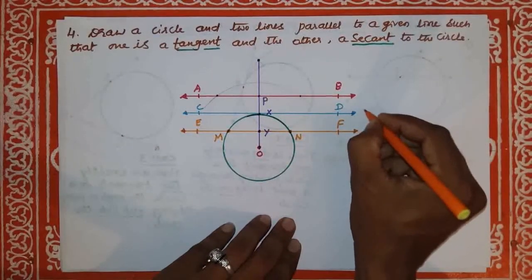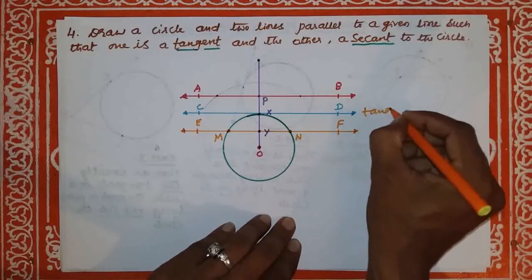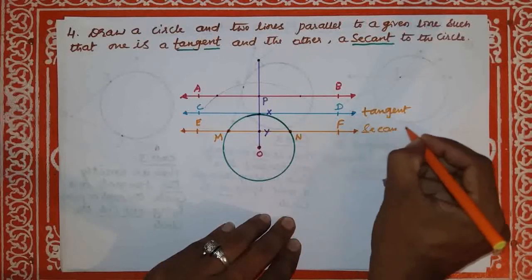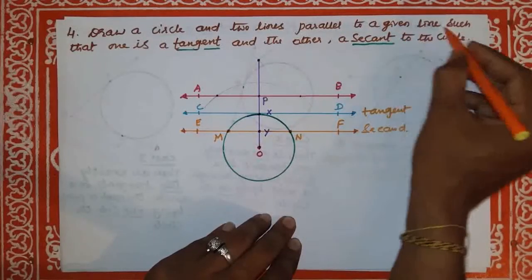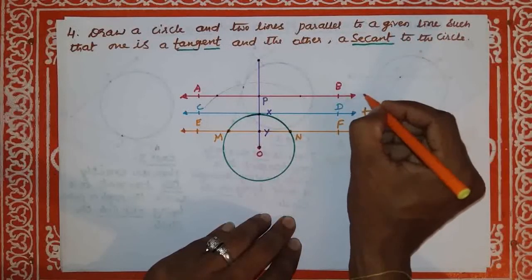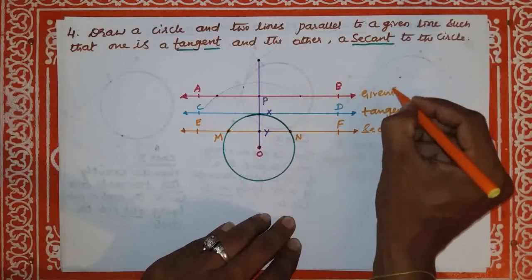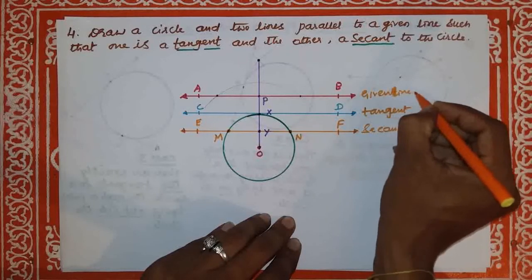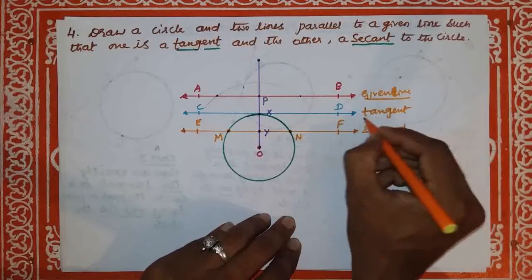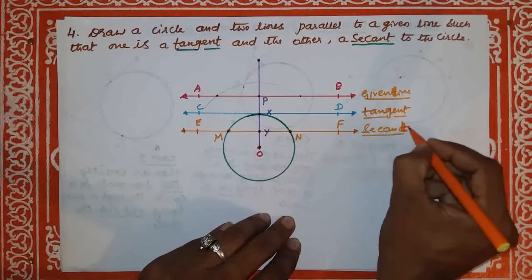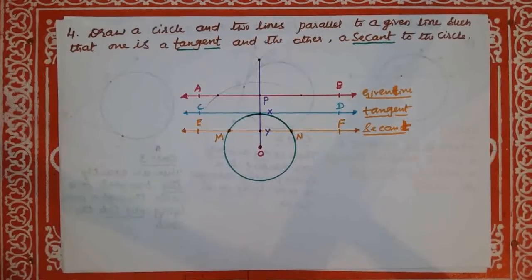This is a tangent, this is a secant, and this is the given line. Completed.